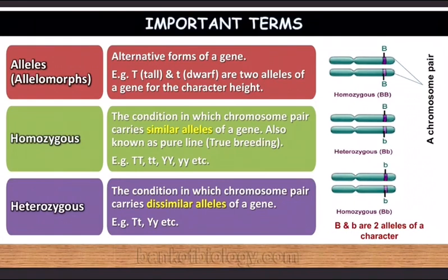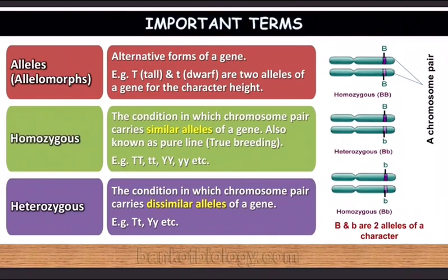And then alleles. Again, this word comes often. But before we go for the alleles, we must know what is a gene. Gene is the inherited factor. Inherited means transmission from parents to offsprings. Something from our parents has come to us. That's a gene. So gene is the inherited factor that determines biological characters of an organism.